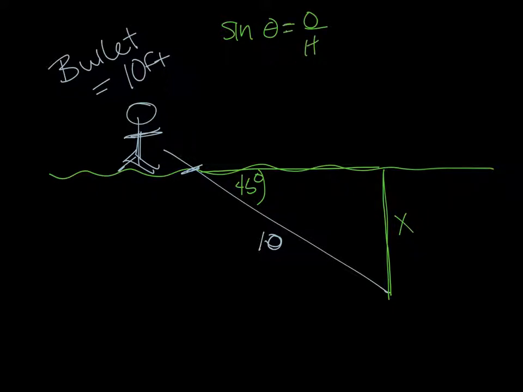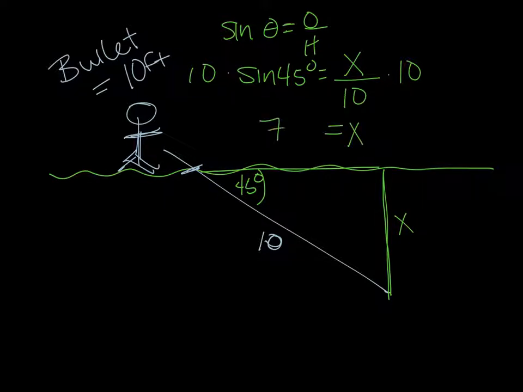So the sine of 45 degrees equals the opposite x over the hypotenuse 10. Multiply both sides by 10. So sine of 45 degrees times 10 in the calculator gives me x equals 7.07. So that's how far down you would have to dig.